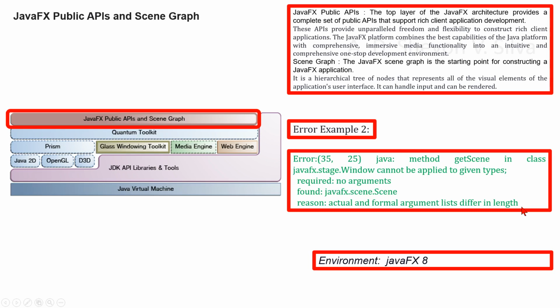Error 3525: Java method getScene in class javafx.stage.Window cannot be applied to given types. Required: no arguments. Found: javafx.scene.Scene. Reason: actual and formal argument list differ in length.